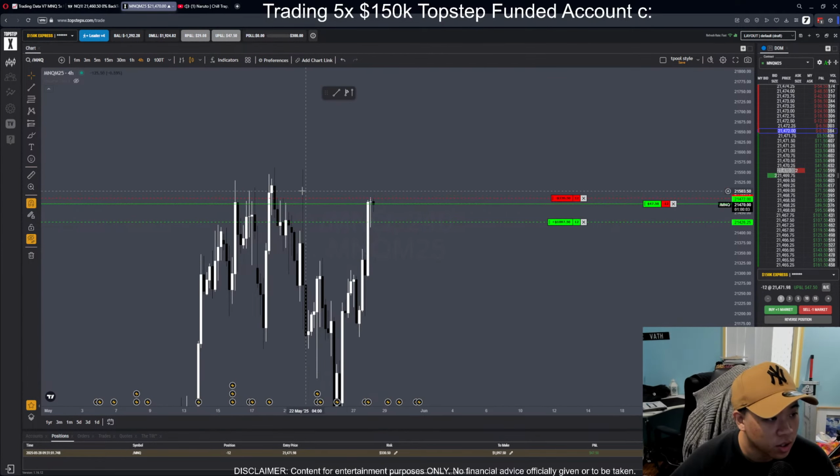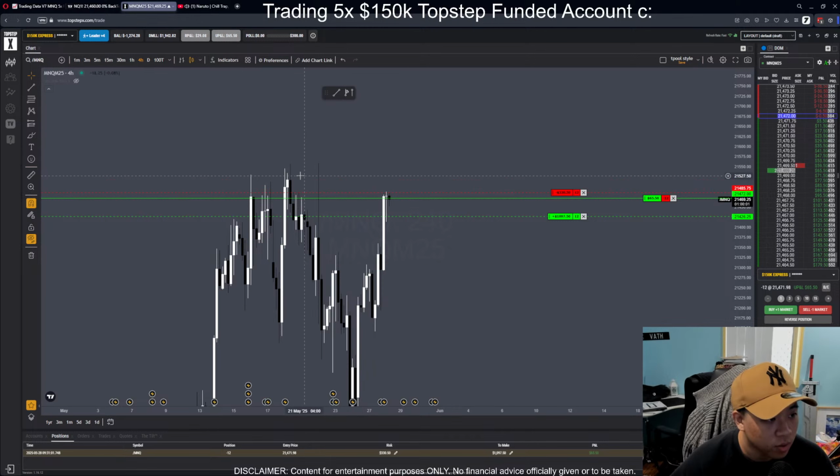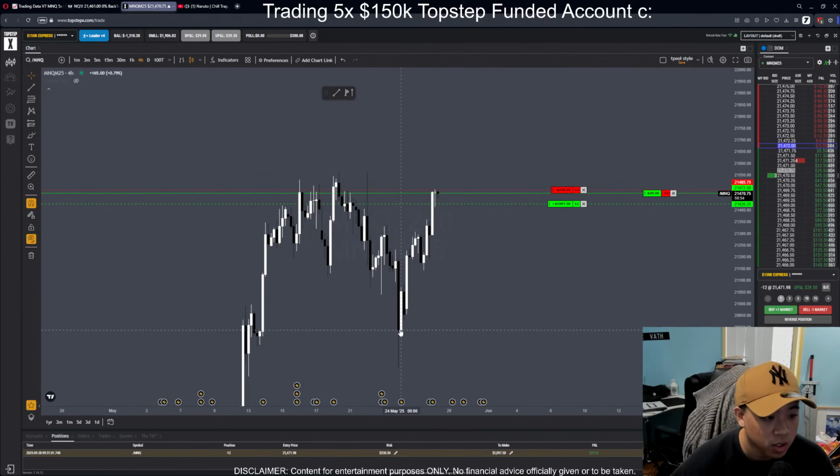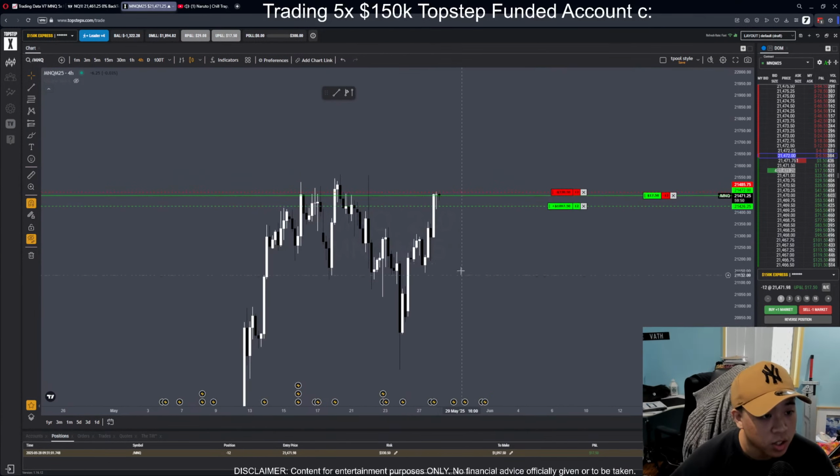This doji here tried to break through so many sweeps, but this time the buying pressure isn't strong enough, especially because we came down here and had this internal change of character bearish.